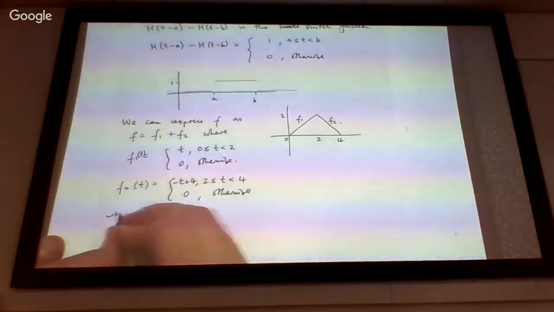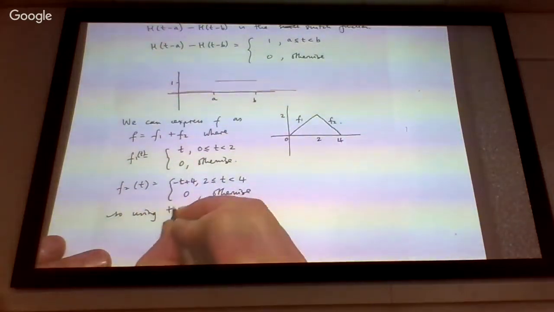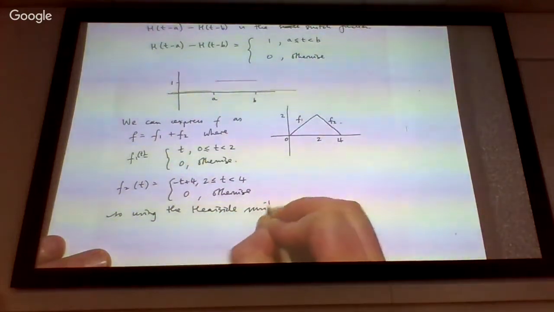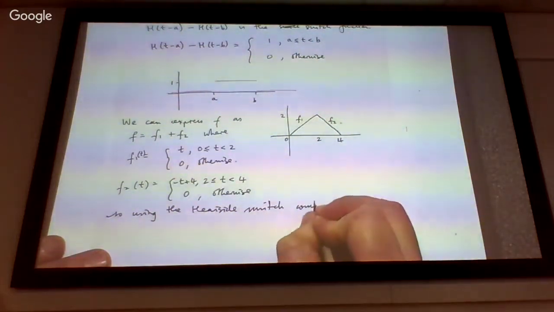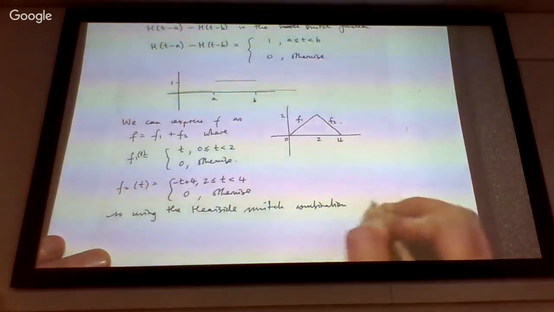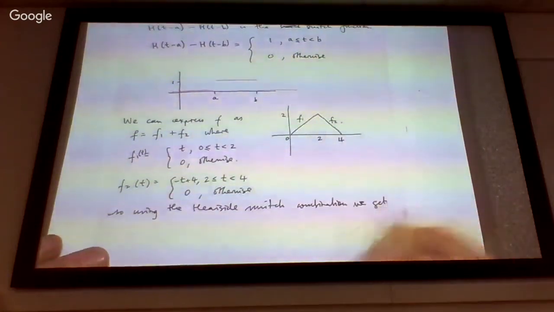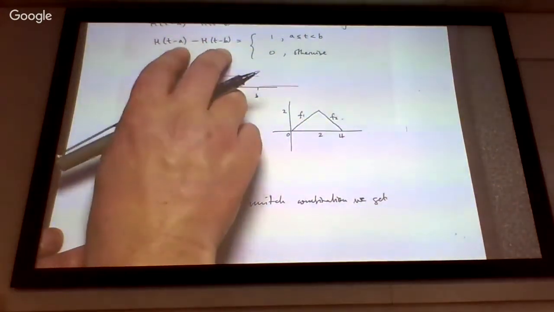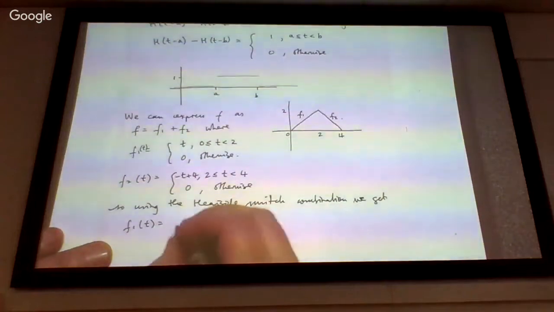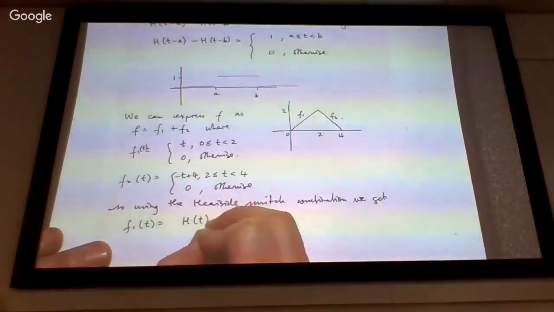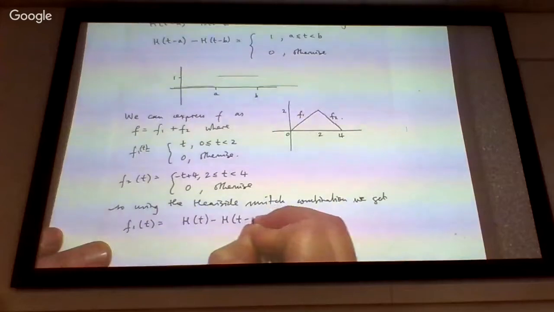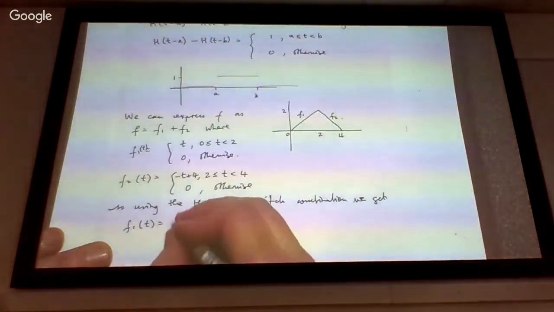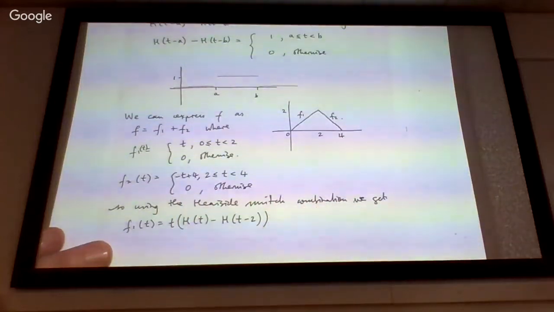So using the Heaviside switch combination, we get that f1 of t, well, it's this switch here for the values 0 and 2, so it's h of t minus h of t minus 2, and well, that gives me the quantity 1, but I want the quantity t, so I better multiply all of that by t.